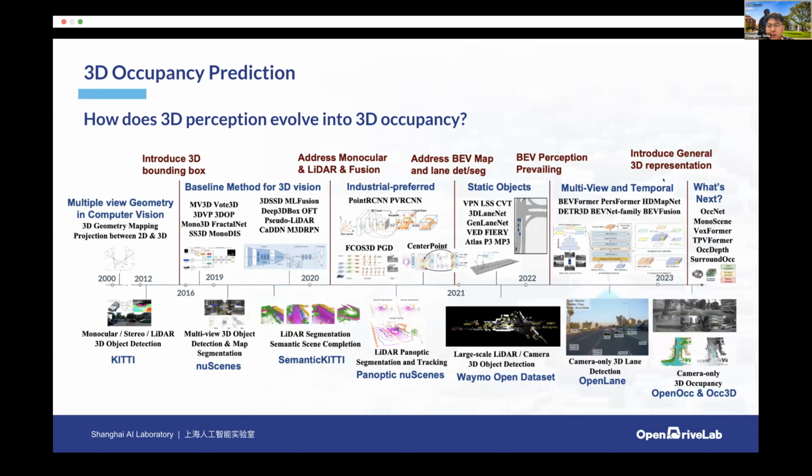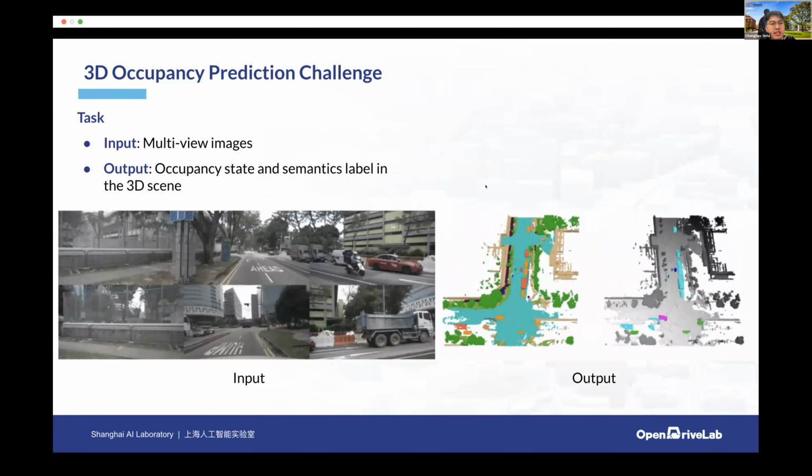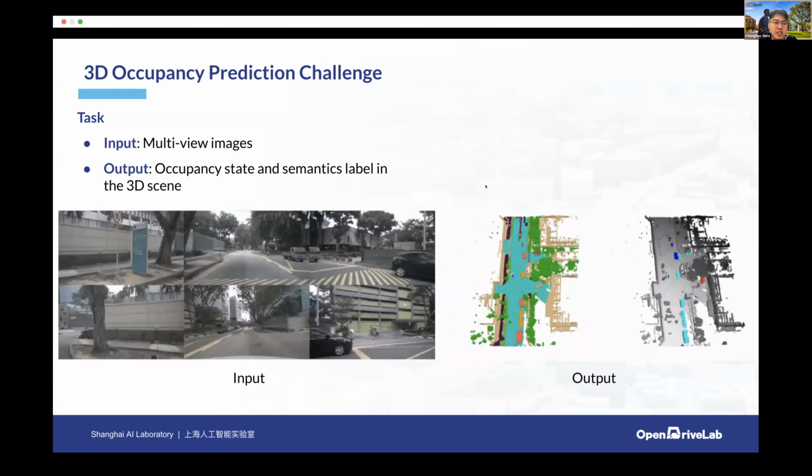In occupancy, I would like to introduce our challenge this year, hosted with the Tsinghua MARS Lab and Motional, and we have done a great job on this. So let me introduce the 3D occupancy prediction challenge.